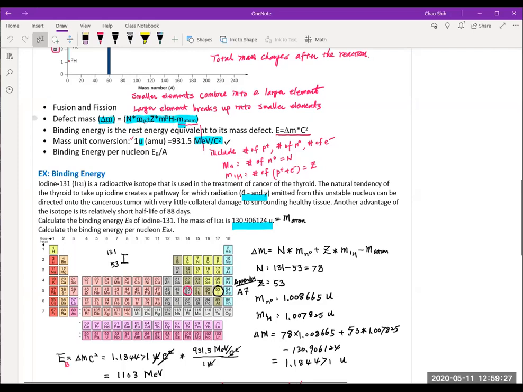This one here, 1H, represents the mass of hydrogen-1. These masses you can find in the appendix of your textbook. The last one here represents the mass of the atom.